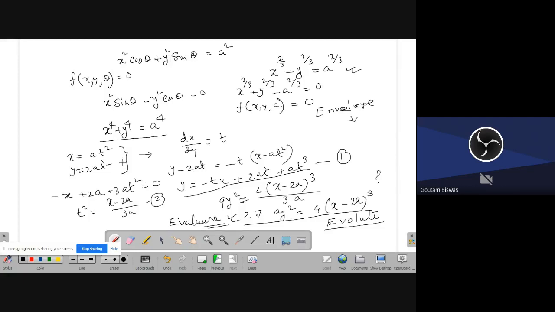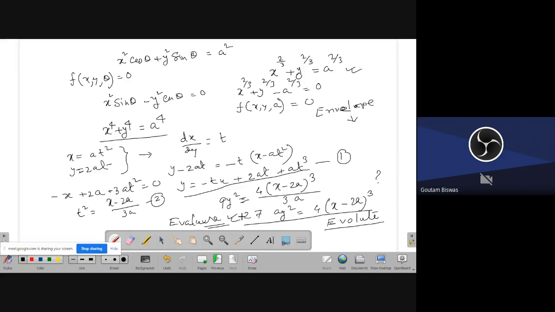So the procedure I have given: this is the parametric equation of the curve, say a parabola. Find the tangent and the normal of the curve at the point concerned, then differentiate with respect to the parameter, and eliminate the parameter from these two equations.